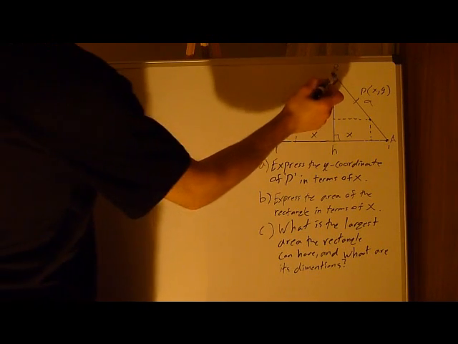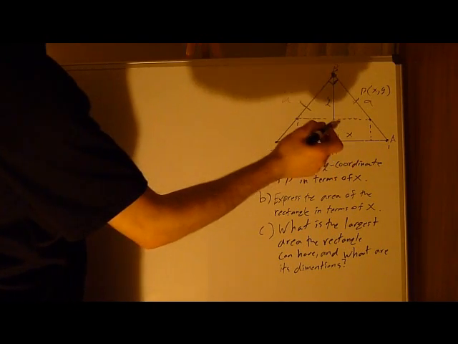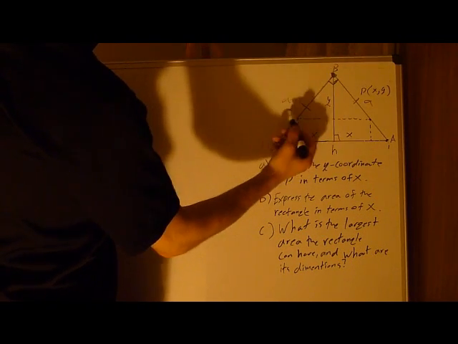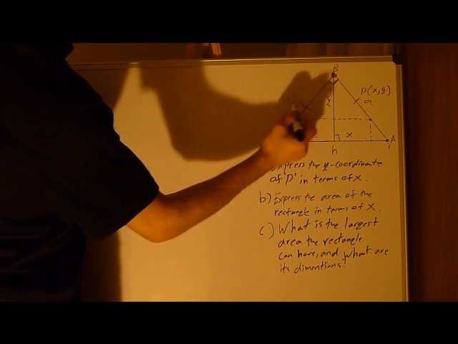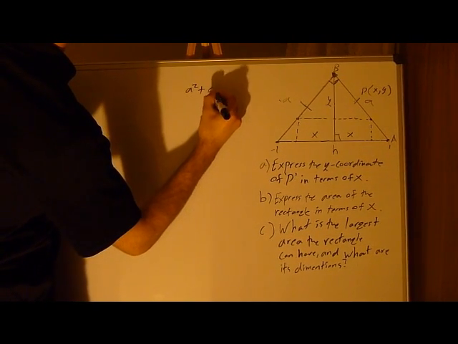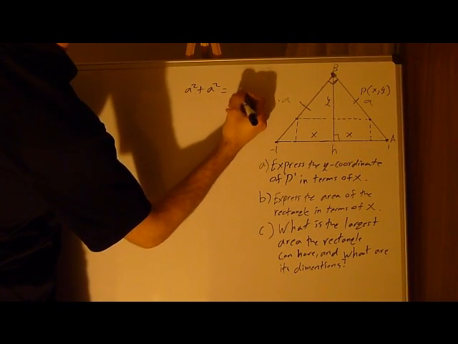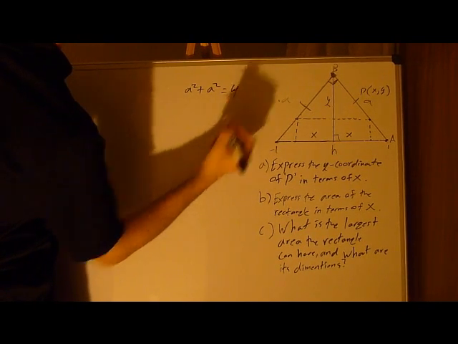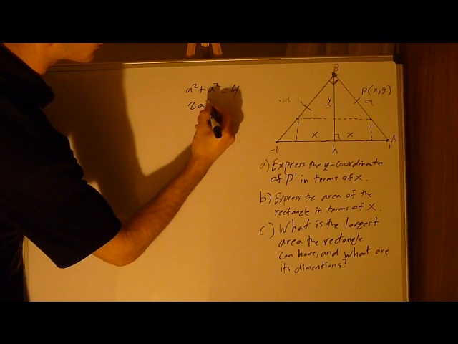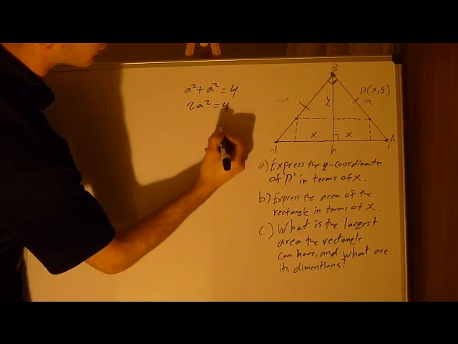So first we have to find the length of this side. Since it's an isosceles triangle, we can call this one A, and this one is also A. So A squared plus A squared is equal to 2 squared, which is 4. 2A squared is equal to 4.